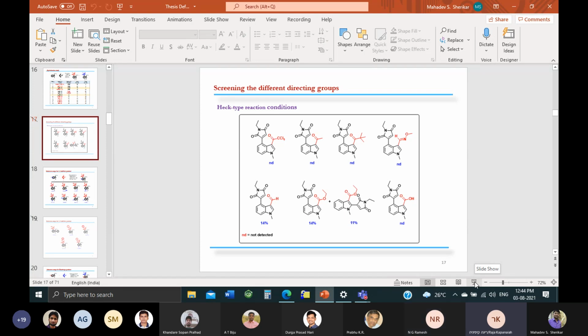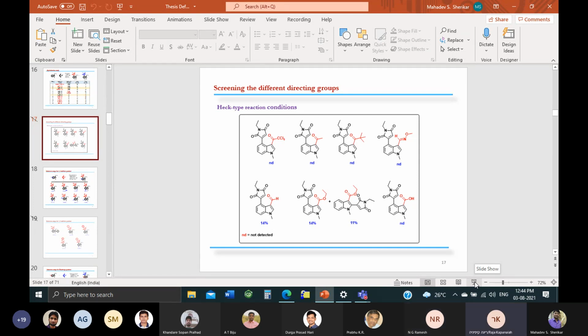We screened ruthenium, cobalt, and other rhodium also, that is already activated rhodium, that is rhodium acetate, rhodium Cp* acetate, rhodium Cp* acetonitrile, like that. Some 3-4 catalysts I screened, and those are also working, but the yield is low. Cp* chloride is working well.